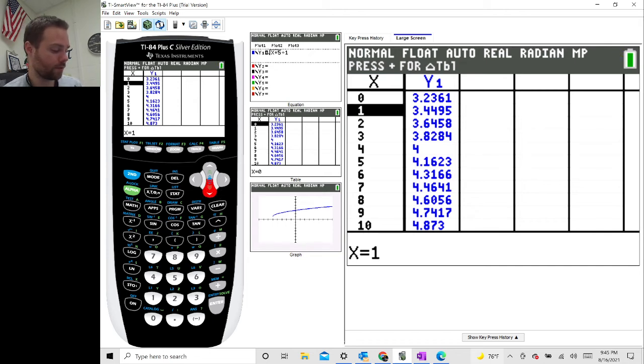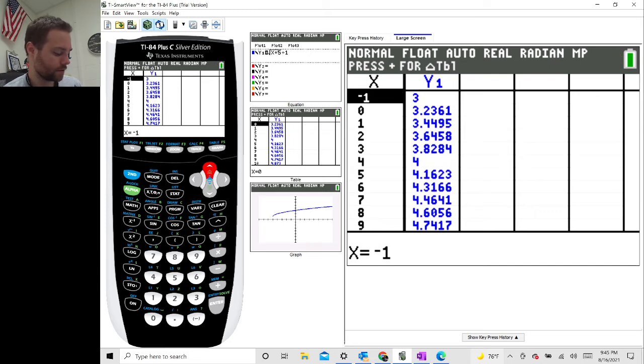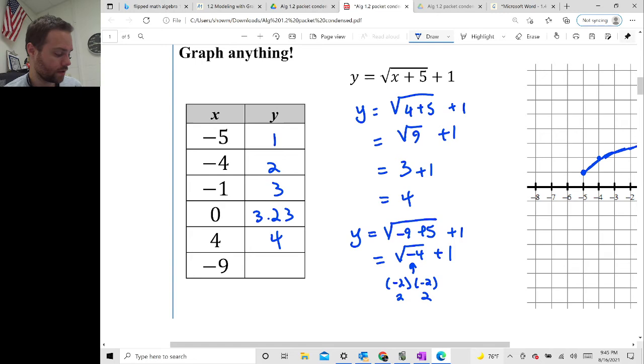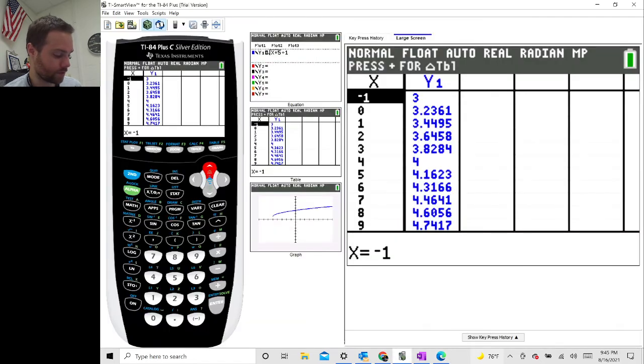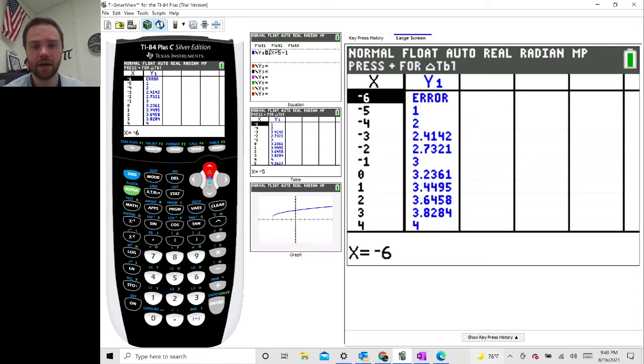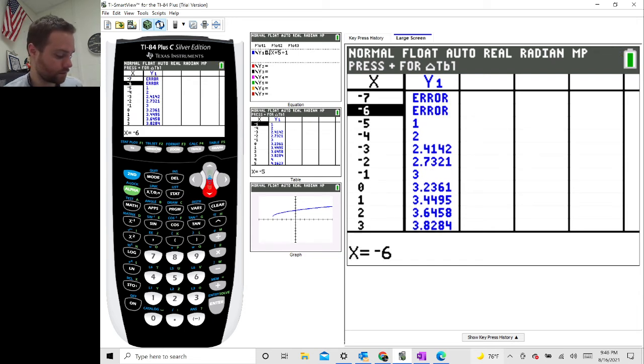And whatever you plug in for x should be the same thing that you see on the graph on this table over here. So over here, I've got negative 5 as my first input. So if I go up to negative 5, you're going to see that same output. So negative 5, when I plug it in, I get back 1.